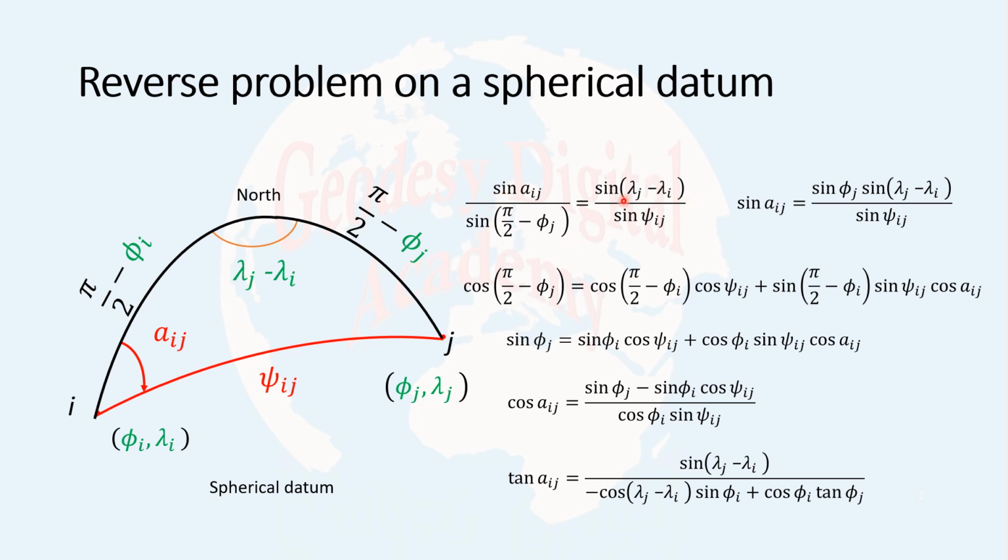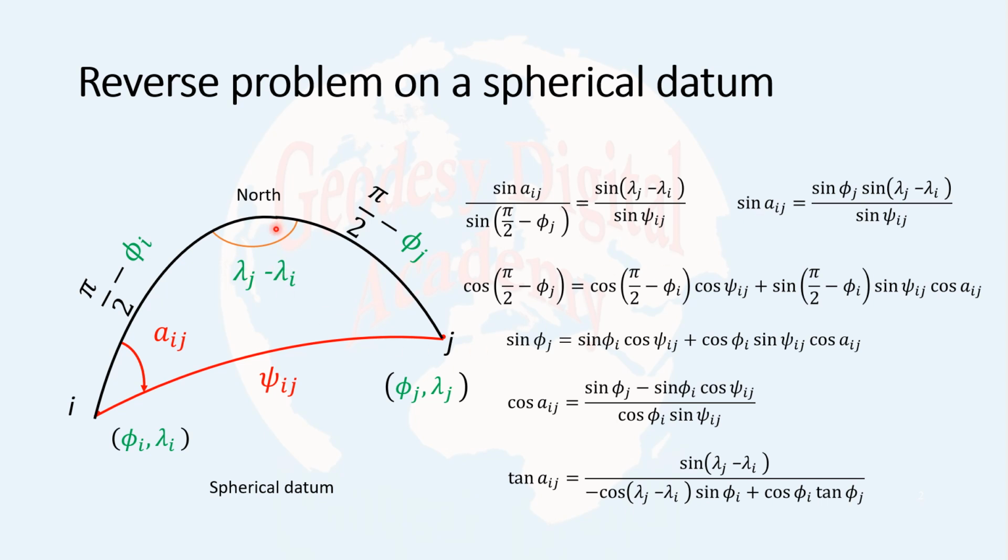So if we simplify this equation and solve it for sine of alpha i j, we get this. If we want to use the spherical angle that we have already computed, we can use this formula. And later, we can take the arc sine of the right-hand side to get alpha, or the azimuth.